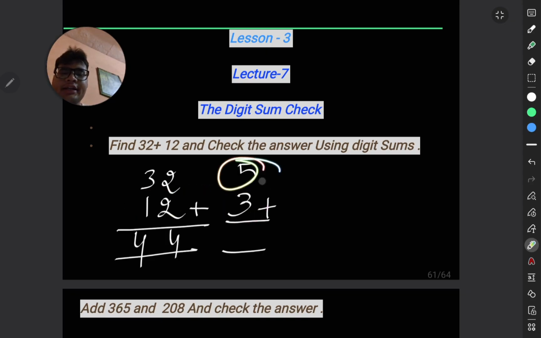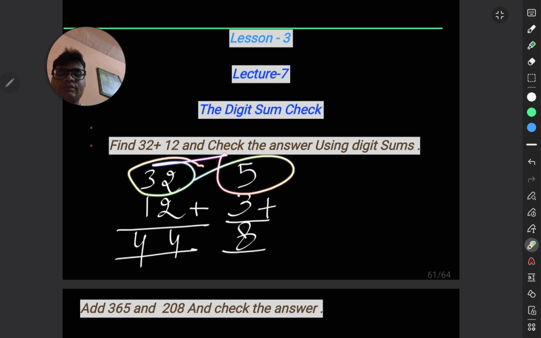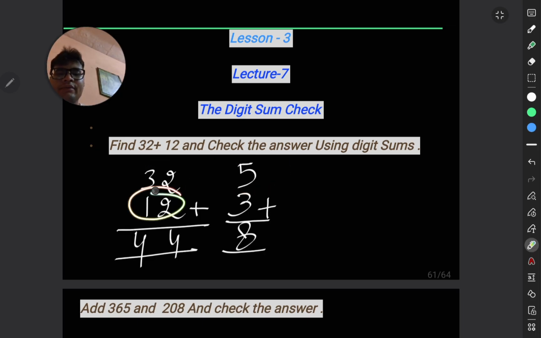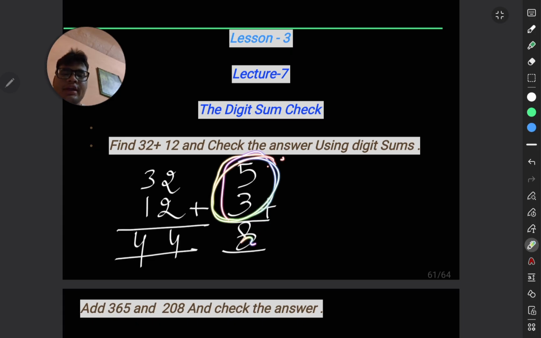Now we add these digit sums: 5 plus 3 is 8.